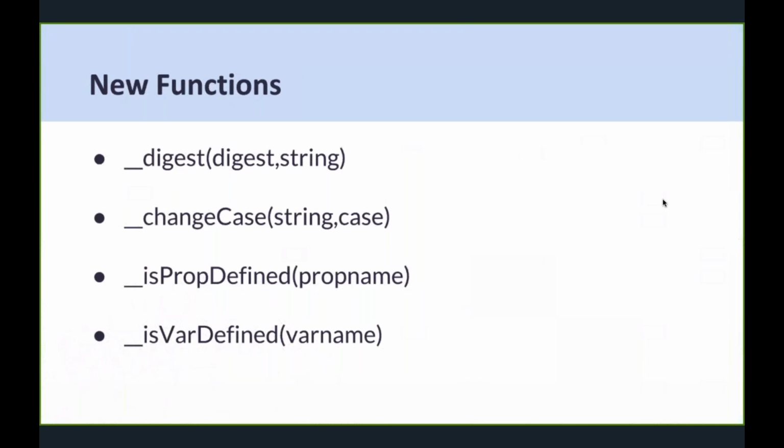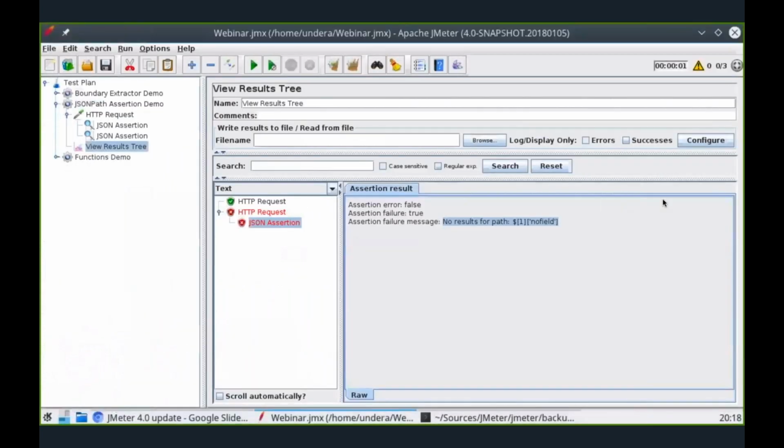It's when you want to do uppercase, lowercase, camel case for your strings. These are functions for your convenience. And two properties specify if some JMeter property has been defined or a JMeter variable has been defined, which helps to build the logic in your complex scripts. Let's quickly see an example for that.